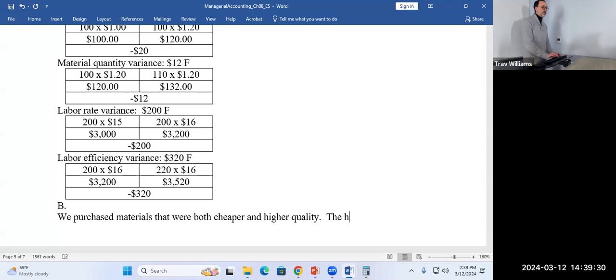The higher quality allowed the employees to use less material, and less labor.